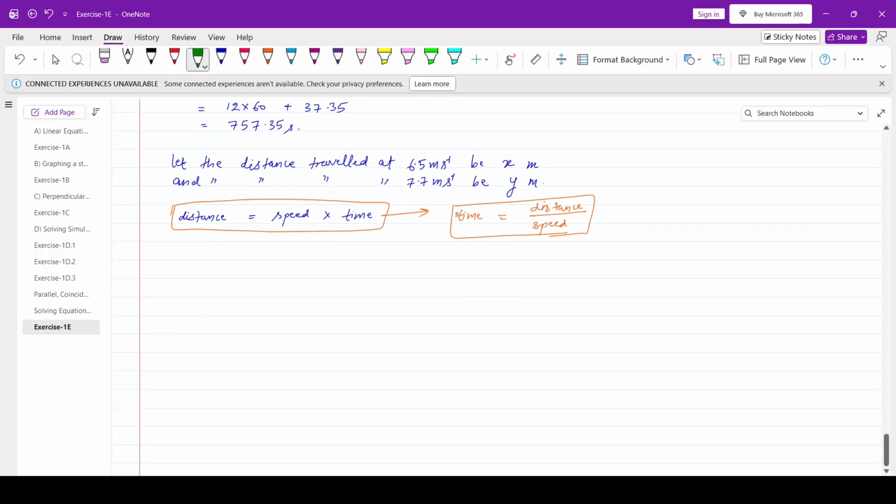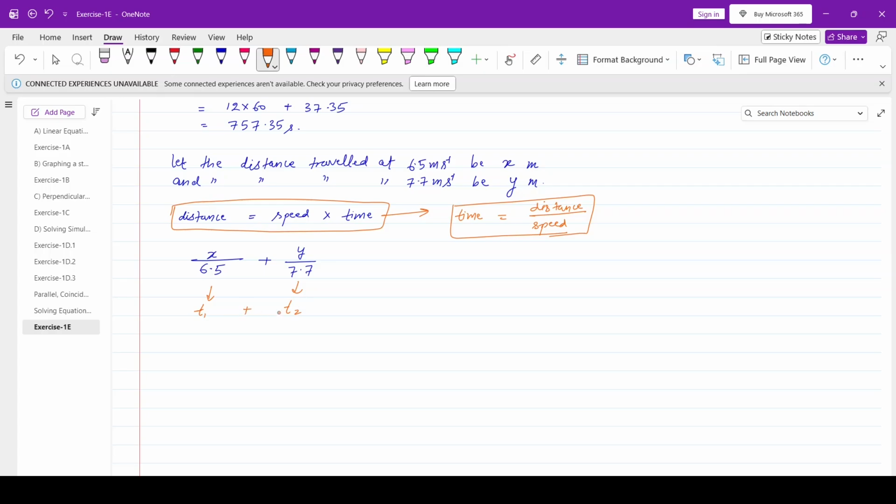So can we say that distance x was traveled at 6.5 meters per second, so this will be time 1, and distance y was traveled at 7.7 meters per second, and this will be time taken in the sprint.